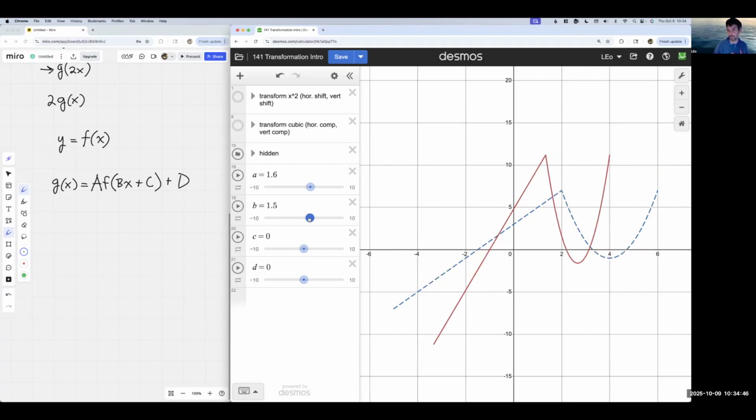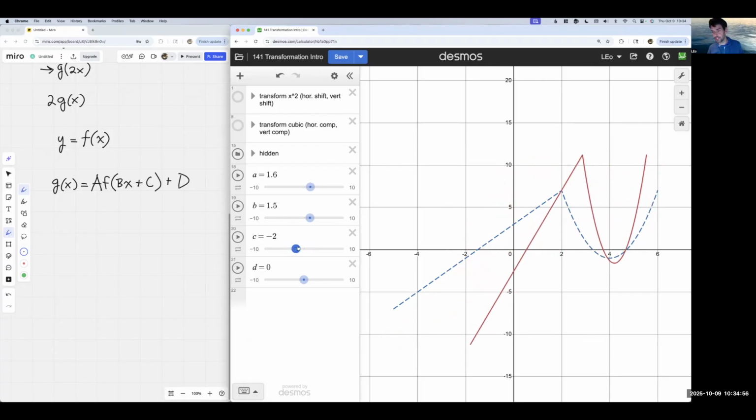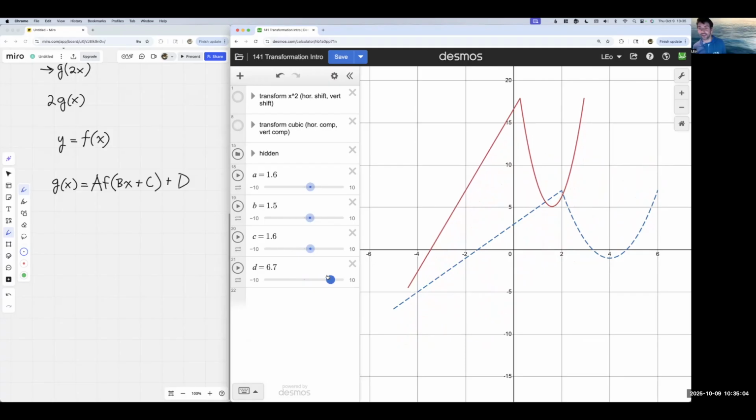So for instance, I could compress this function like this. C, that was shifting things around horizontally. That was the first one we did, so I could shift my function a bit. And then D shifts it vertically. So by combining these, notice I get a very different function. It does a lot of things differently. The domain has changed, the range has changed, the size of the range and the domain have changed.